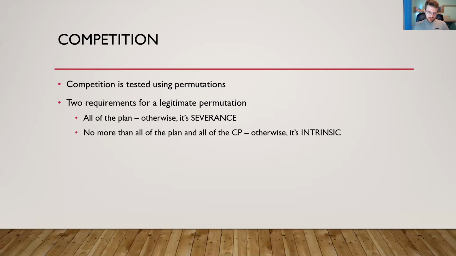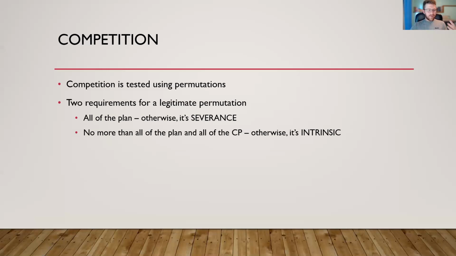Because the perm is doing this, in order for the perm to serve this function of proving that there is no link and that you don't need to give up the plan, the perm has to include the whole plan. Otherwise the perm is not proving what it is setting out to prove, right?